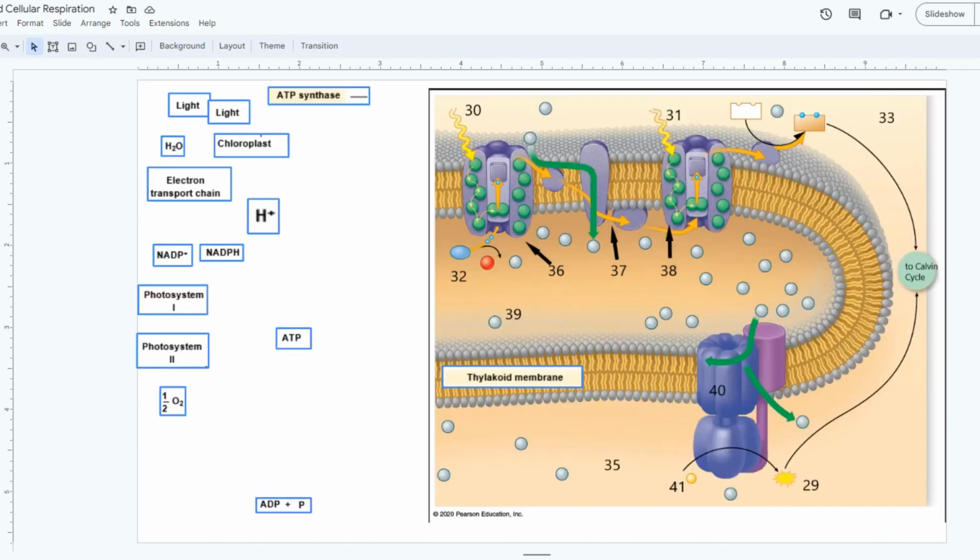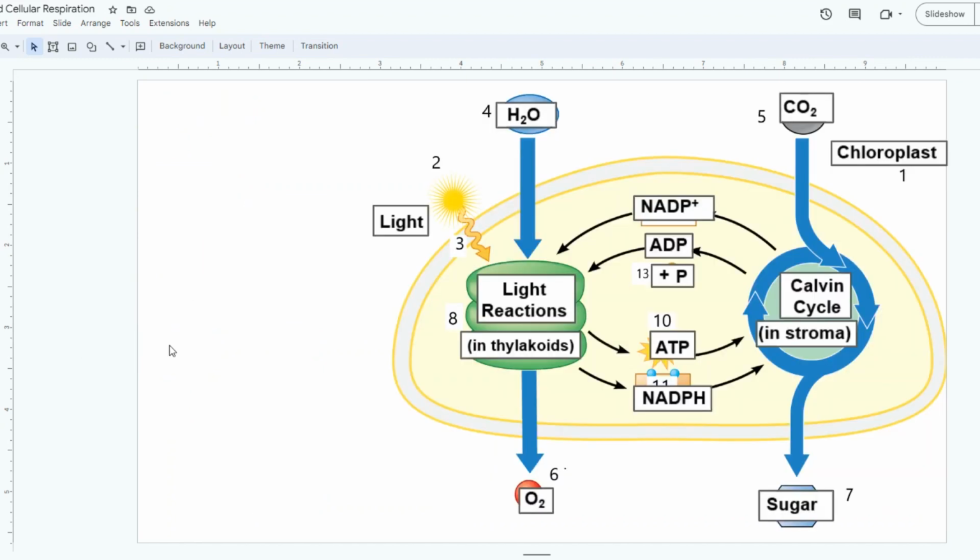So what we're talking about here is water coming in, oxygen going out, but we're shuttling both the ATP elsewhere, and we're shuttling a couple of electrons elsewhere into the Calvin cycle that happens over there.